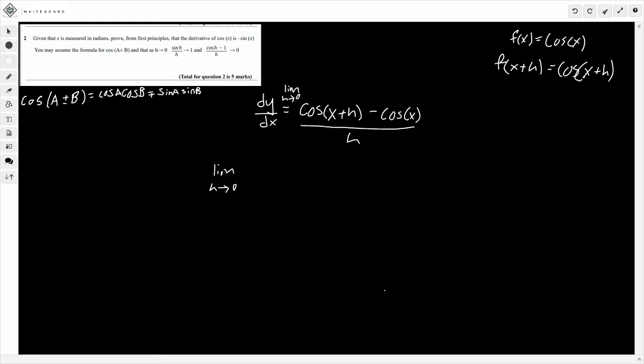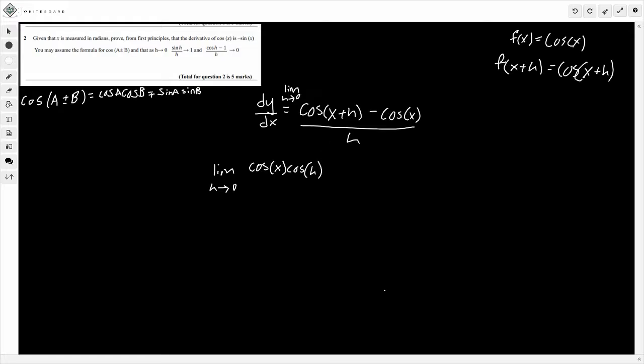Now, let's do this compound angle formula. cos(x plus h), well, this is cos A cos B, so it's going to be cos x cos h. If we write that down, it's going to be quite long. cos x cos h, like so.